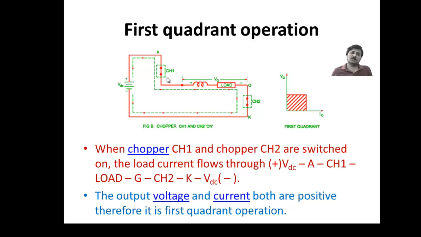Then the voltage is applied from the positive source through CH1, the load and CH2 to the negative part of the source. You can observe the output voltage and current directions. Here the voltage is positive as well as the current is positive, so it is a first quadrant operation.